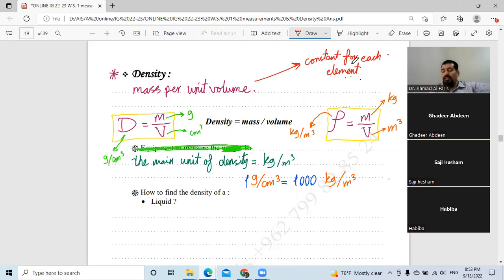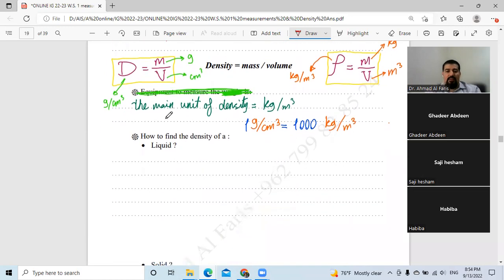Even in America, if you are talking about pure water, it has the same density. But if we put some salt in it, the density changes. The same thing for iron. Iron everywhere has the same density, here on planet Earth or on the moon surface. Okay? Now let's move on.